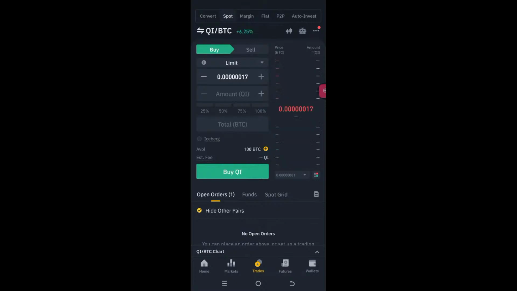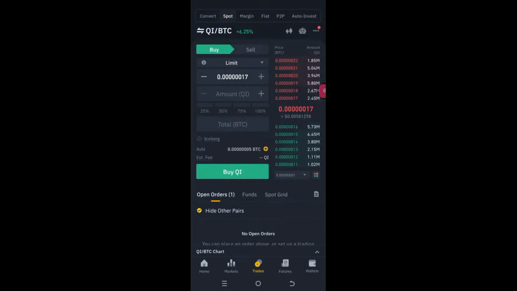It's like you're looking for bargains and making profit off the little imbalances in the market. So here we have QI BTC, and triangular arbitrage naturally involves three coins.